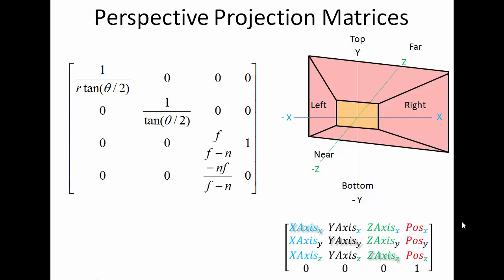You combine those three matrices into one matrix, which contains all of the math necessary to position it in the world, position the camera, and project it to the 2D screen in one matrix.